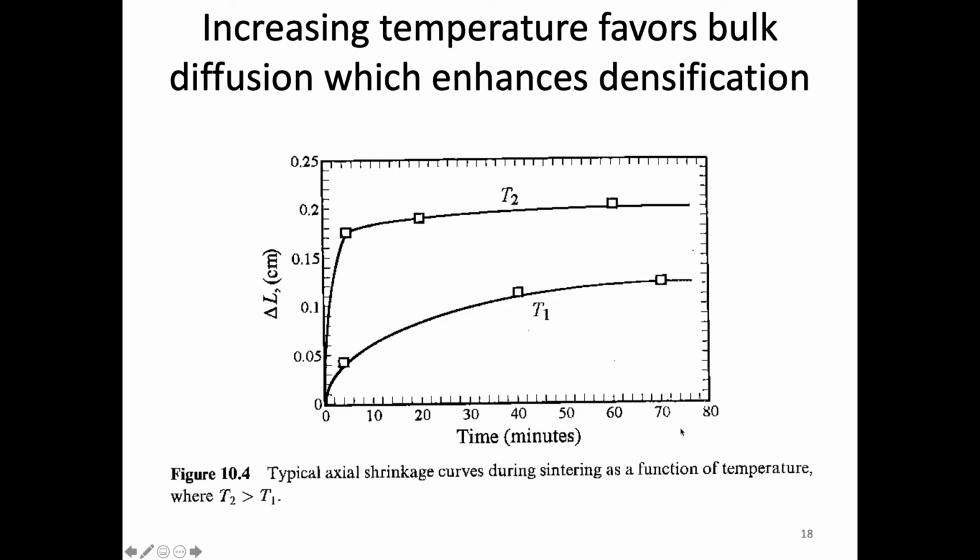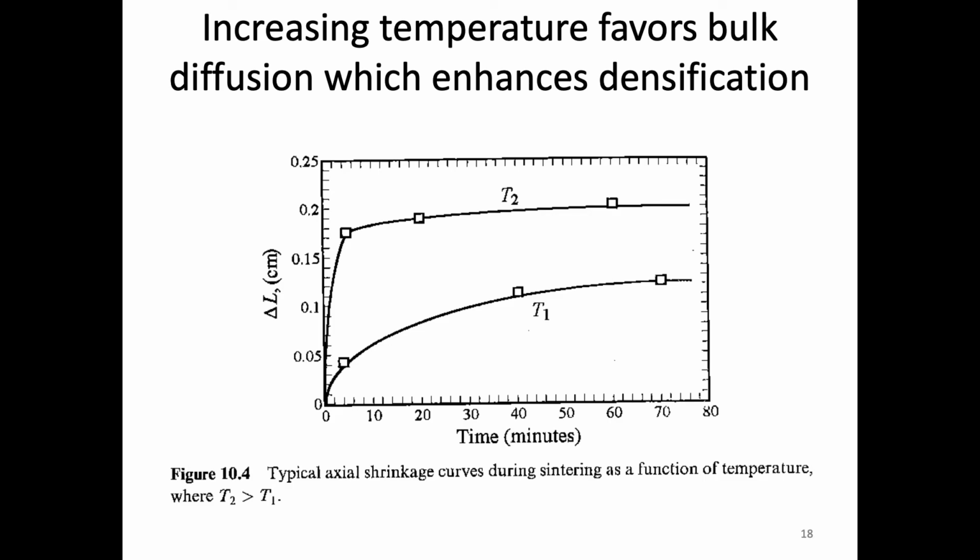And so we talked about surface diffusion, evaporation condensation, volume diffusion, plastic flow. We talked a lot about those last time. And so the big one here is going to be favoring bulk diffusion. The higher and higher temperature we get, the more and more we favor bulk diffusion compared to others.